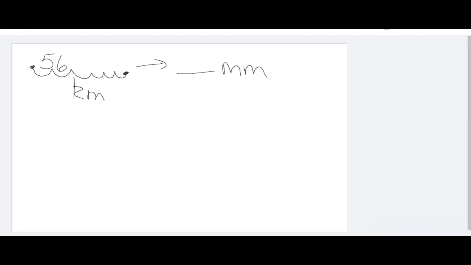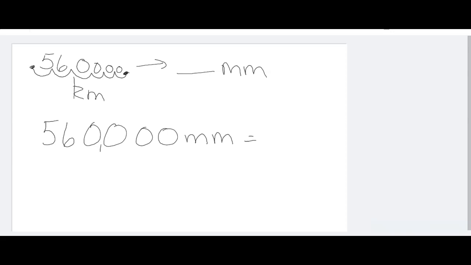Well, the simple answer is you add in zeros. So now our answer ends up being 560,000 millimeters is equal to 0.56 kilometers.